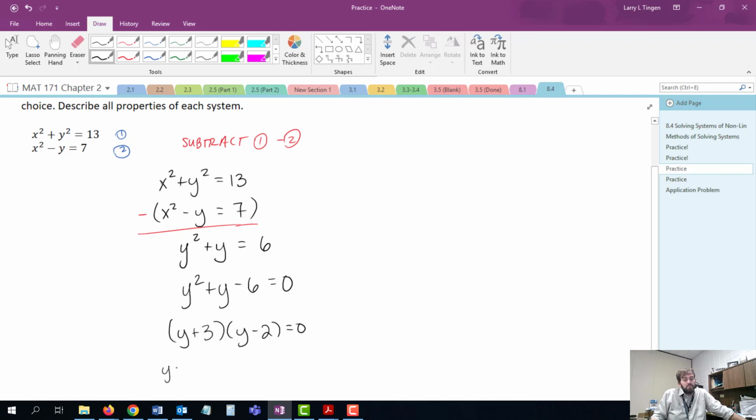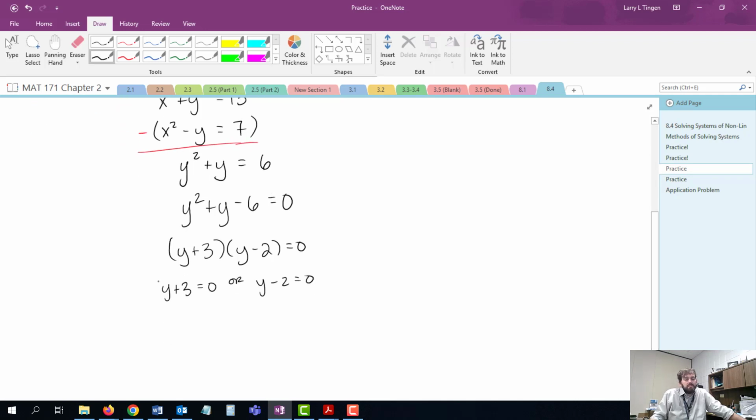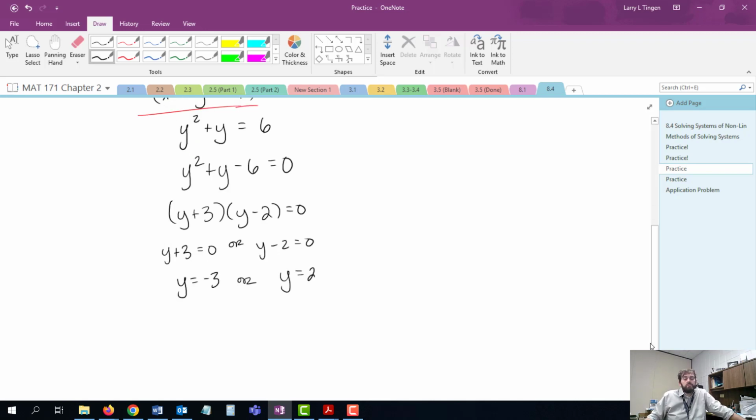And then by the zero product principle, if two things multiply to 0, one is 0 or the other, which means y is -3 or y is 2. All right, so we're going to check both of these.